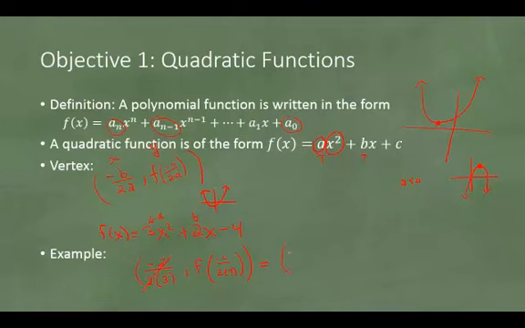So we're going to have to take this negative 1/3 and plug it into x and x squared. So that's going to be 3 times negative 1/3 squared, which is 1/9, plus 2 times negative 1/3 minus 4. This is 1/3 minus 2/3 minus 4.